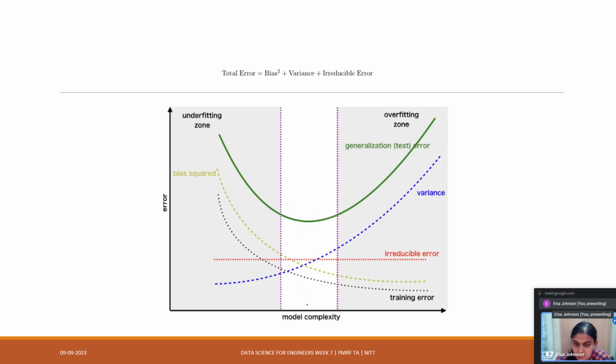Model complexity means, in a linear regression problem, the degree of the polynomial should lie in this particular region. In a logistic regression classification problem, the number of independent variables should lie in this particular region. So this is the bias variance trade-off.